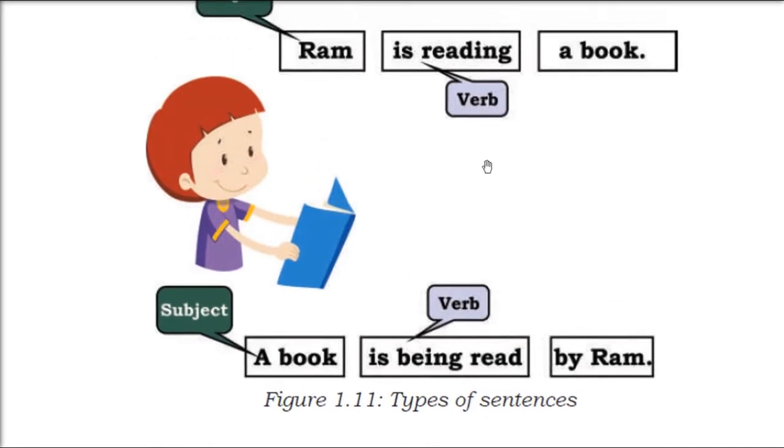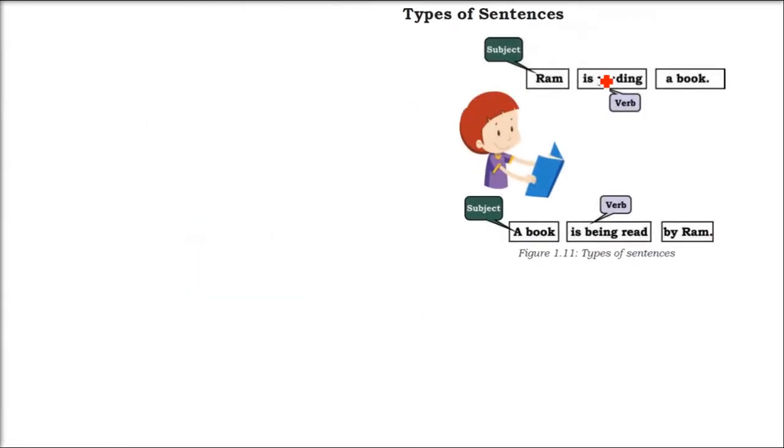The previous object has become the subject. So a book is being read by Ram. Now the action is not being done on the object, but the object is getting an action.